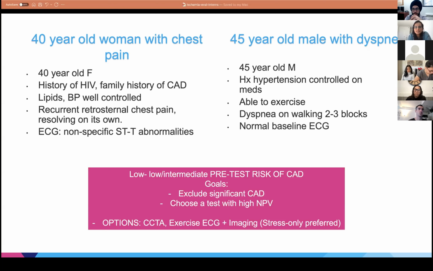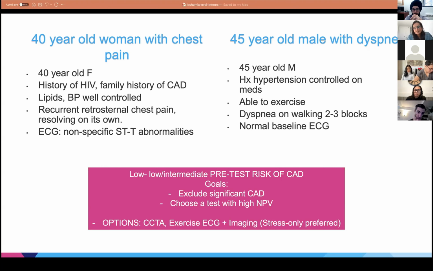In these patients, if they didn't have any risk factors, you could just not consider testing at that point, and that would be fine. But given that they have a couple of risk factors, you want to choose something like a coronary CTA, which helps you rule out any significant disease.